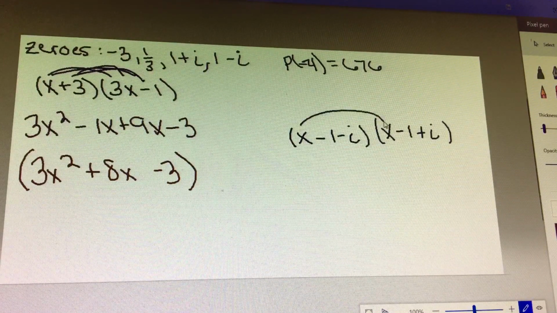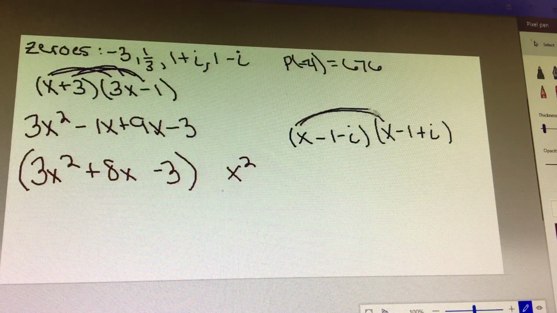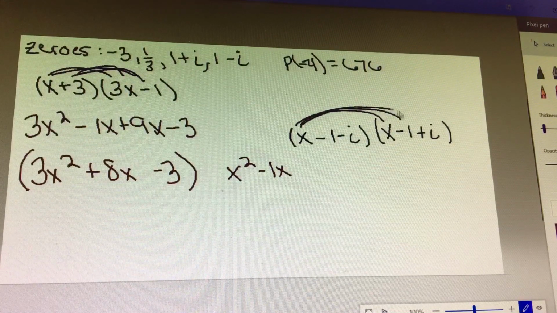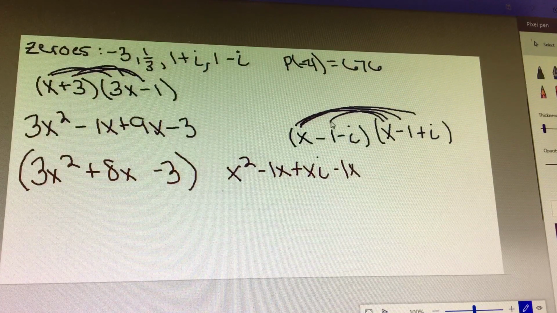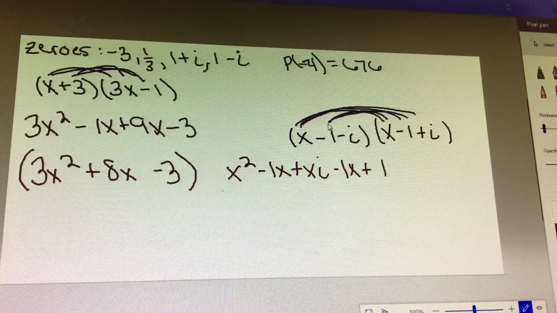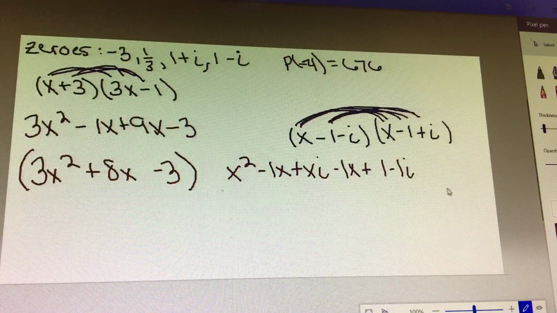Here I have a trinomial times a trinomial, so each term in the first trinomial needs to be multiplied by each term in the second trinomial. So x times x gives me an x squared, x times -1 is -1x, and x times i is positive xi. Then my next term, -1: -1 times x is -1x, -1 times -1 is positive 1, and -1 times i is -1i.